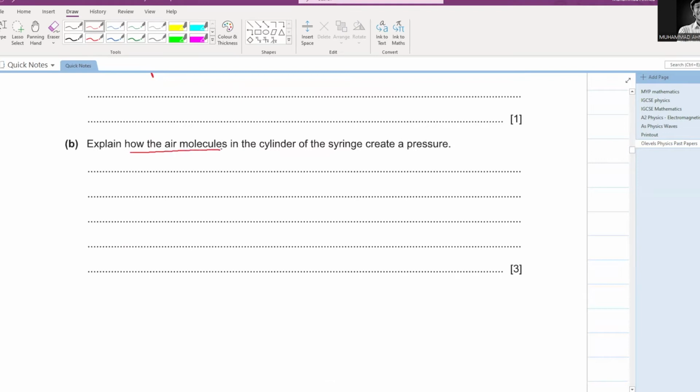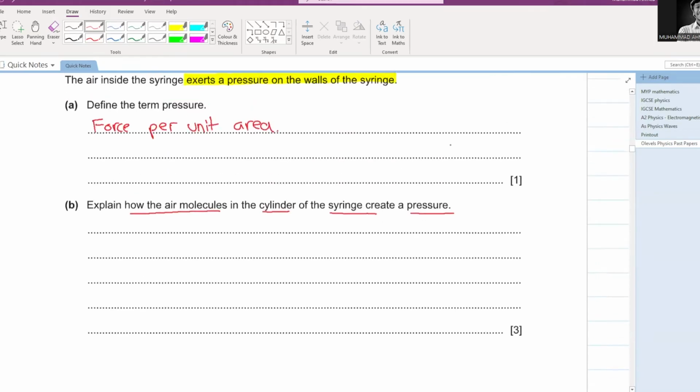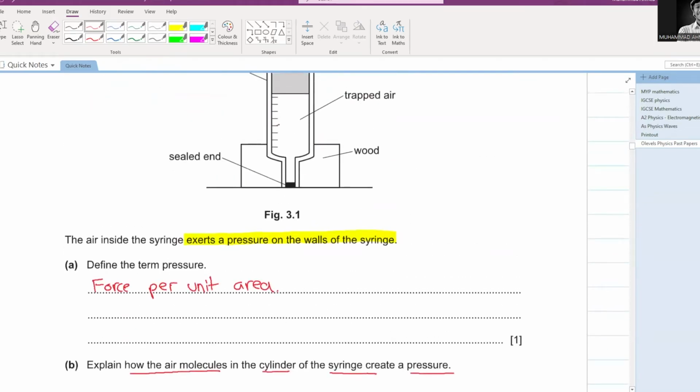Explain how the air molecules in the cylinder of the syringe exert a pressure. Beta, how do the air molecules present in this trapped air exert a pressure? बेटा हमने बताना है ये एयर मॉलिक्यूल्स किस तरह प्रेशर जनरेट कर रहे हैं. क्या कहोगे आप?